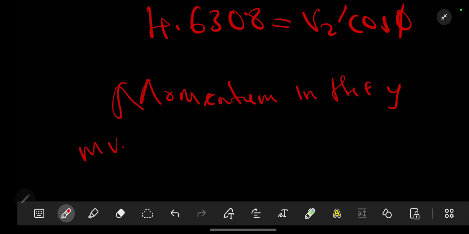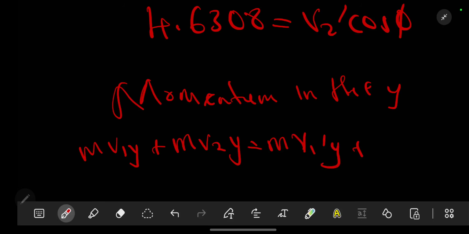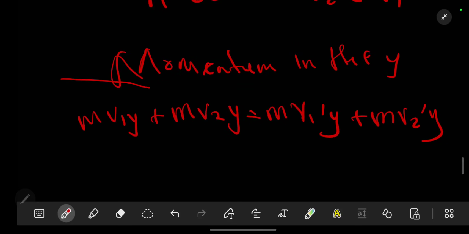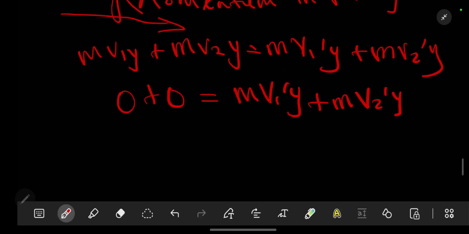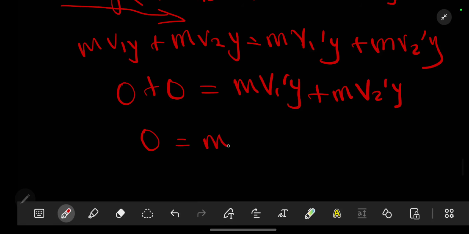Remember, we have mv1y plus mv2y should be equal to mv1 cap y plus mv2 cap y. Remember, it was moving purely in the x-axis, so we have 0 plus 0, the initials are 0, should be equal to our mv1 cap y plus mv2 cap y.